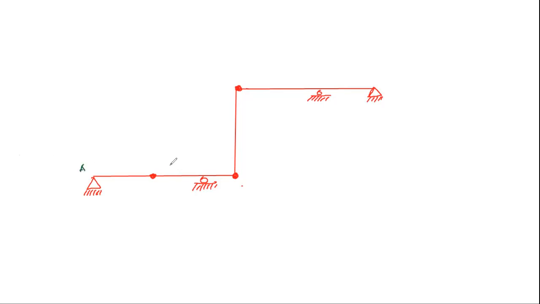So let it be A, B, C, D, E, F, and G. So find out the static indeterminacy of this given structure. So this is an assignment.